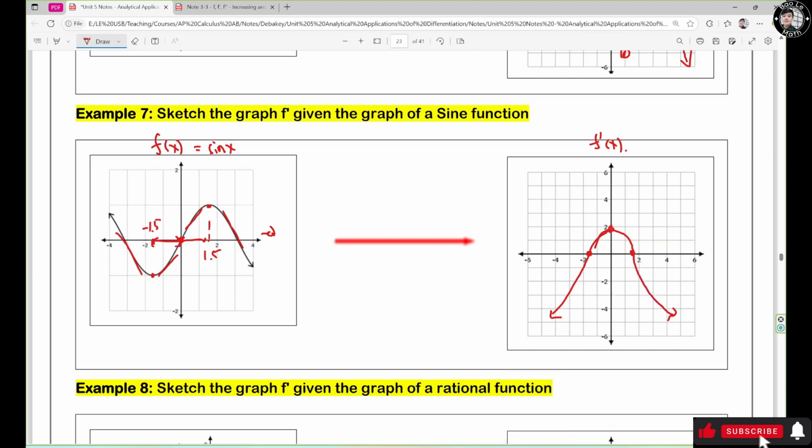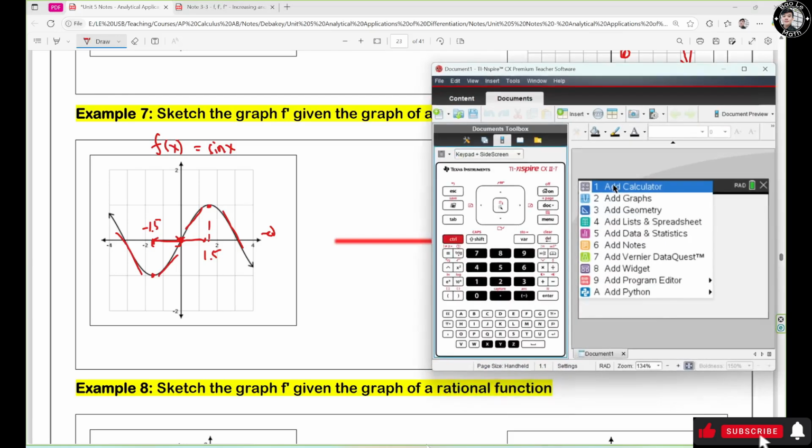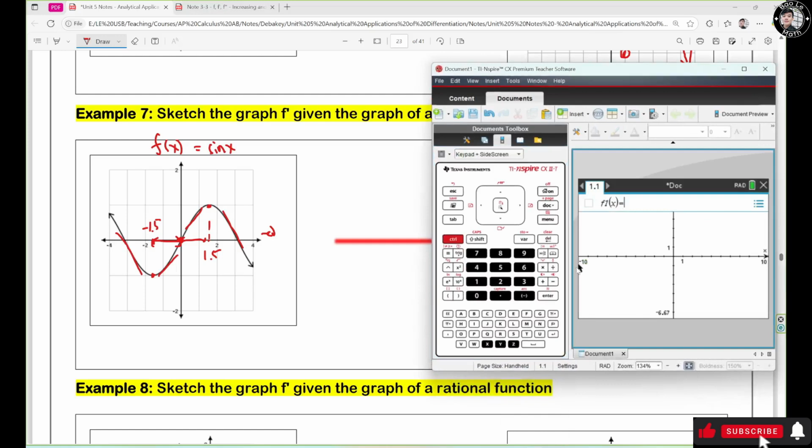Now we can use the graphing calculator to check our work, right? So we're gonna bring up the calculator, hit add graph right here. Now function f1, we need to put sine s, right? Hit sine s and hit enter. It's gonna be like this, right? Now I'm gonna restrict the domain so that it looks like this one, right?